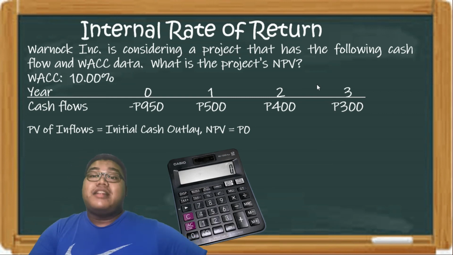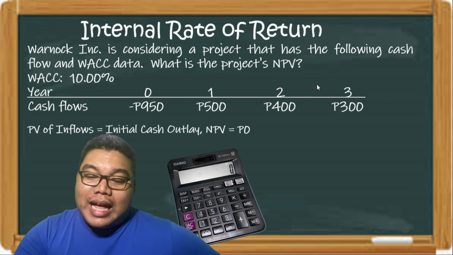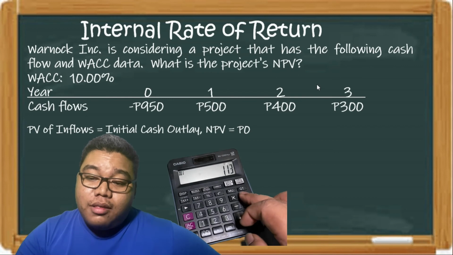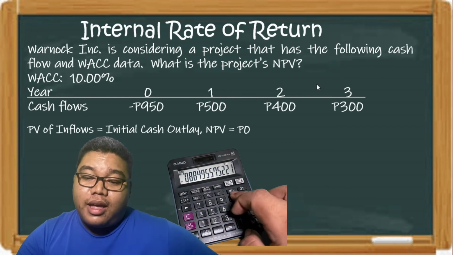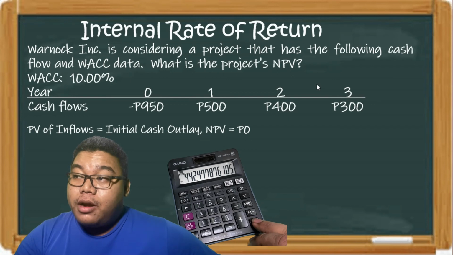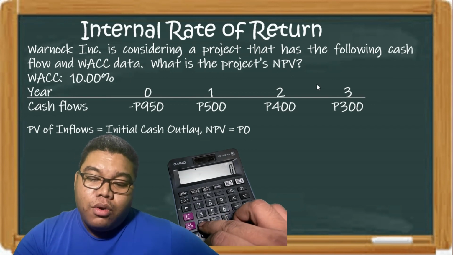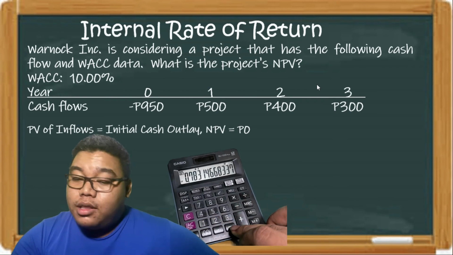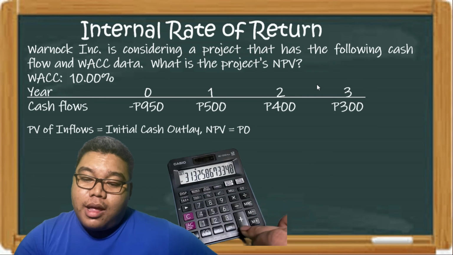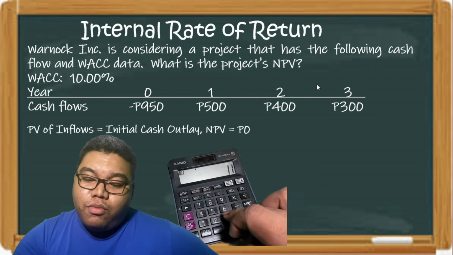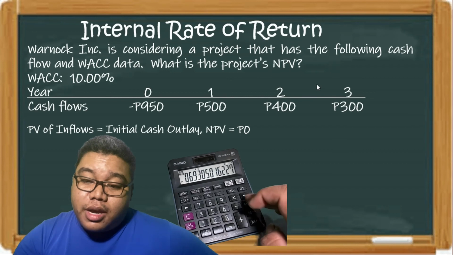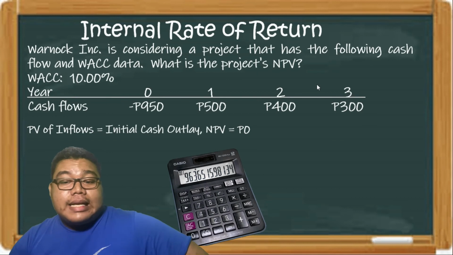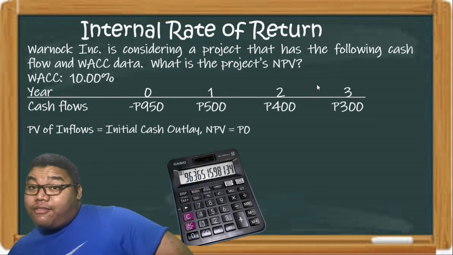So let's try 13%. So at 13%, 1.13 raised to negative 1 times 500, you will get 442.47, memory plus, then 1.13 raised to negative 2 times 400, memory plus, and then 1.13 raised to negative 3 times 300, memory plus. So the present value that we will get is 963.65.